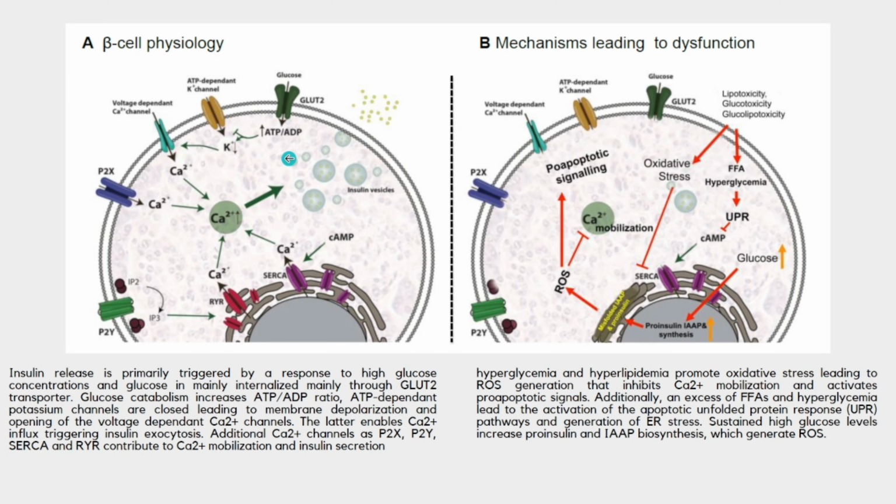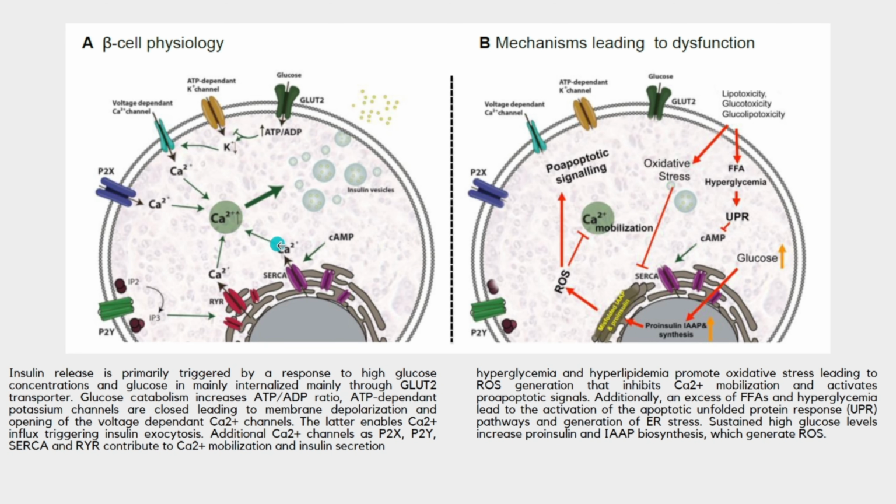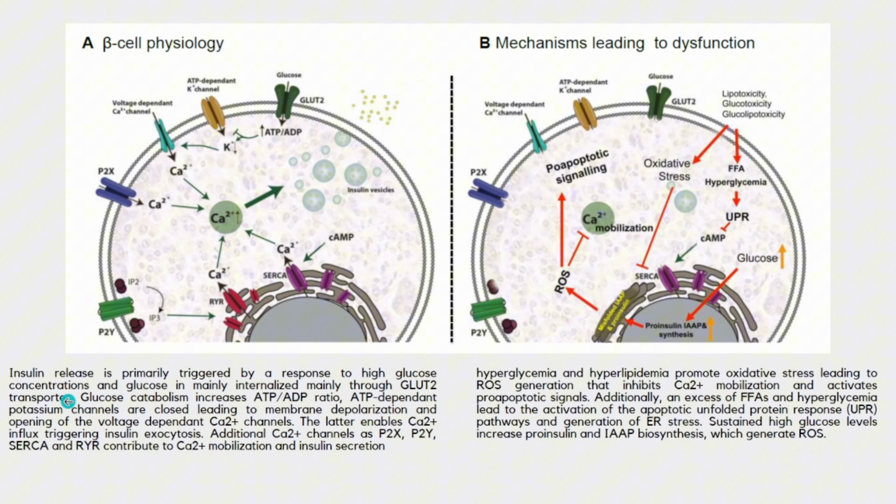So yeah, this is the mechanism of how the beta cell produces insulin. This is a very general one. This is what we call the calcium ion. Calcium ion is very important for the cAMP pathway. We can see insulin release is primarily triggered in response to a high glucose concentration, through the GLUT transporter, meaning the glucose is transported into the beta cell.